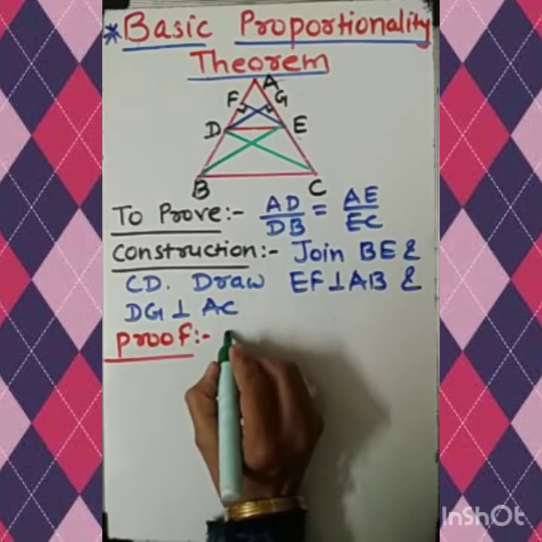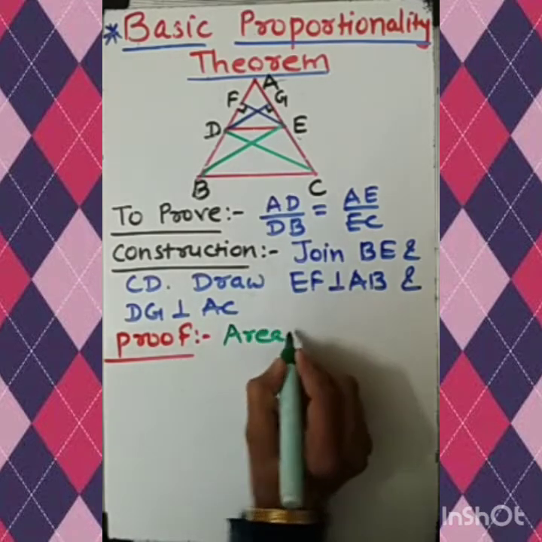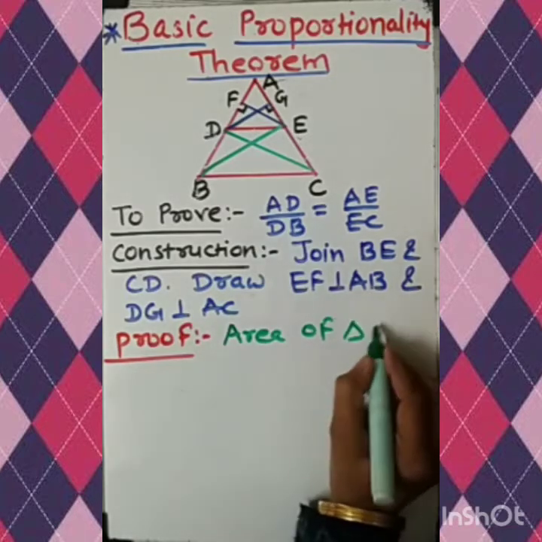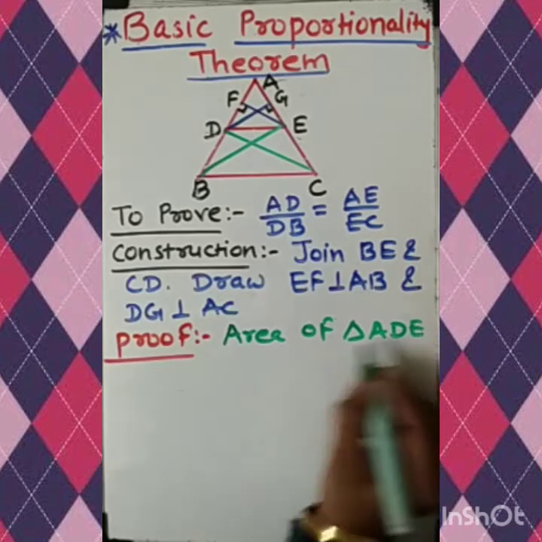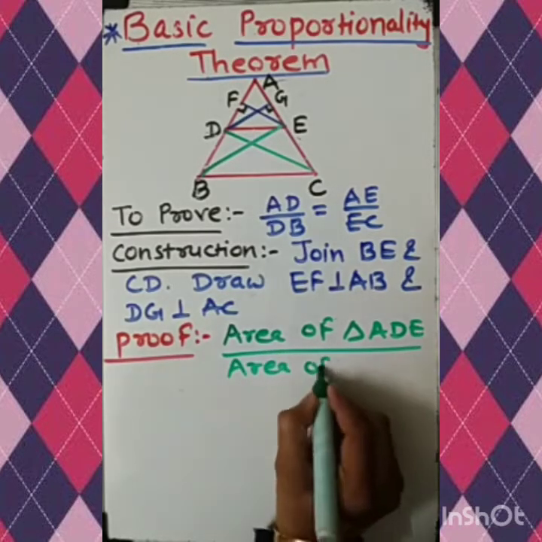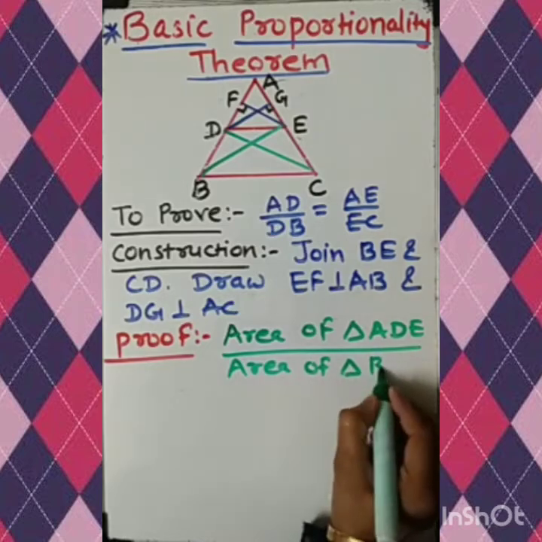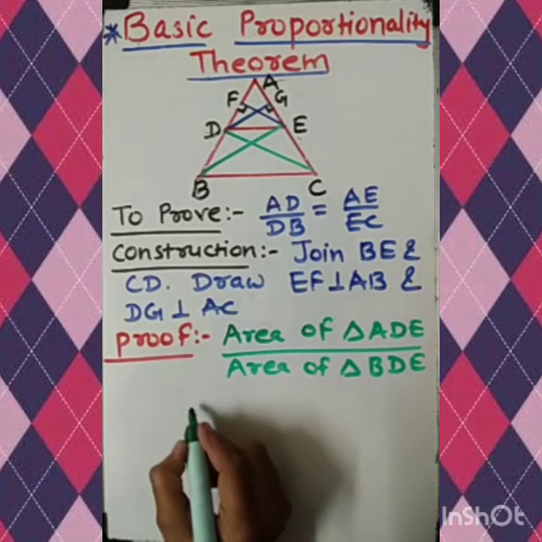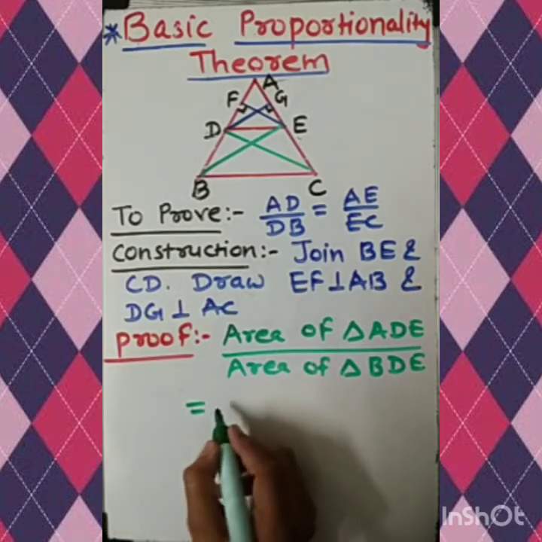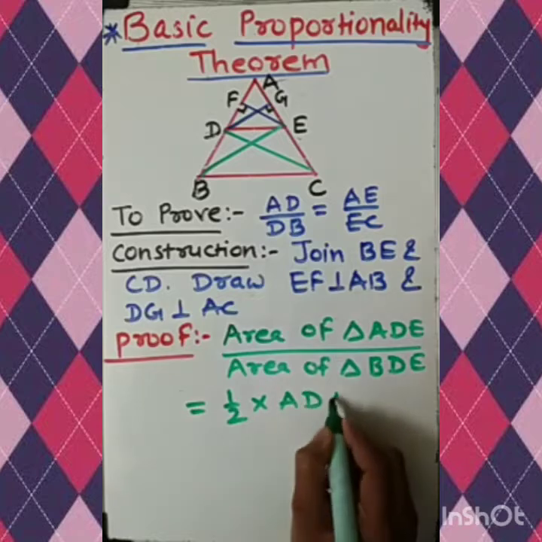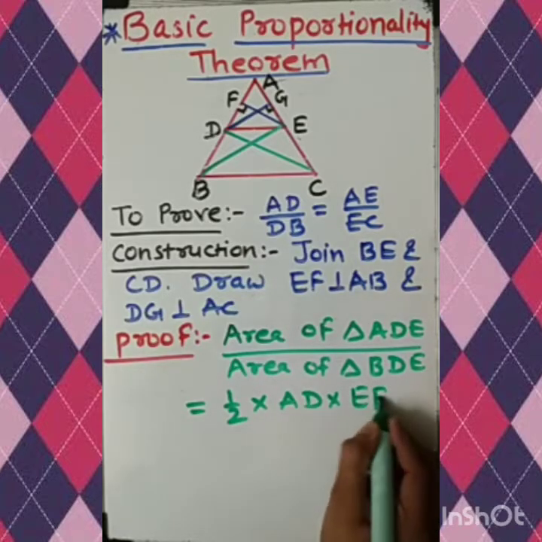So we need to write area of triangle ADE upon area of triangle BDE. According to this, 1/2 base into height, we know, right?